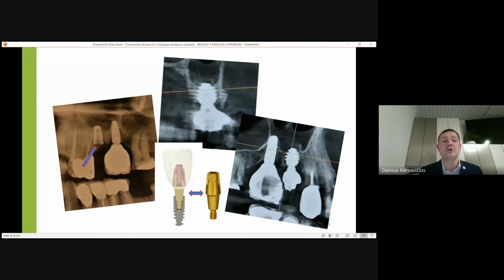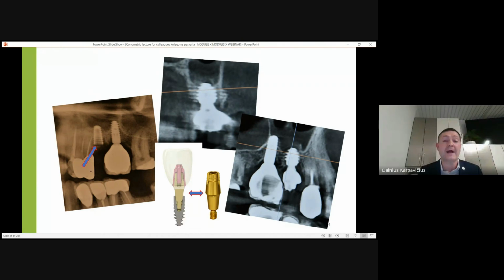Here, in this solution, you have the possibility to inform the patient: come after 10 years for changing the intermediate abutment. That means if everything is nice in the soft tissues and the bone, you can refix the crown, take off the primary abutment, and change it into a new one. It will be like a fresh, new thing.